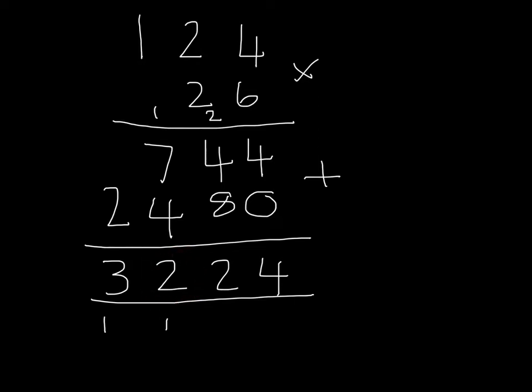So 2 hundreds in the answer box, regroup the 1000. Now we have 2 thousands plus the 1 regrouped 1000, which gives us 3000, leaving the answer 3224.